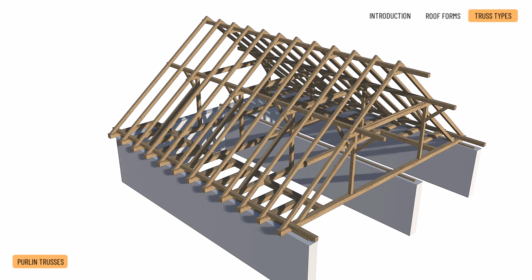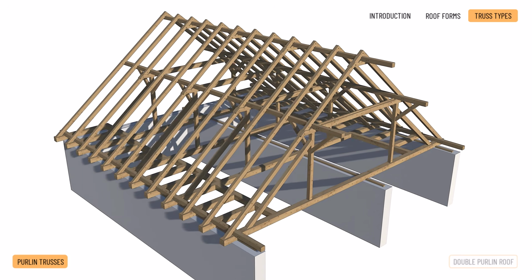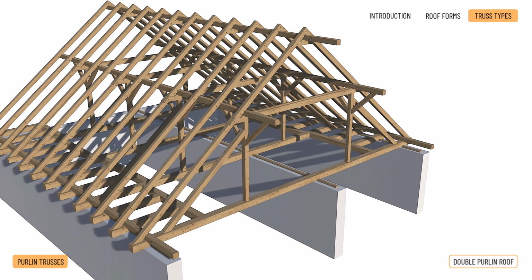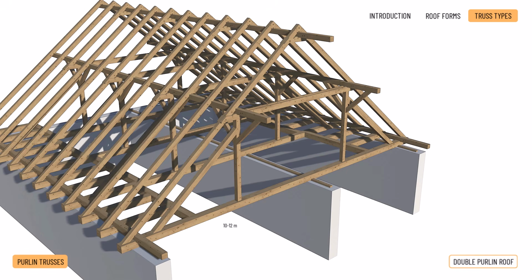The most typical Purlin roof truss is the double Purlin roof, spanning 10 to 12 metres. In traditional designs, the purlins are supported by posts positioned on the tie beams, which are laterally supported by inclined struts. Alongside the posts, the rafter ties also help to stabilise the position of the purlins. Knee braces reinforce the connection between the posts and the purlins.